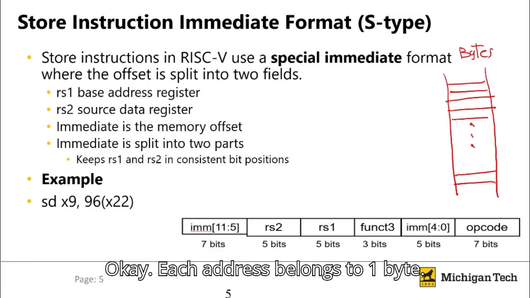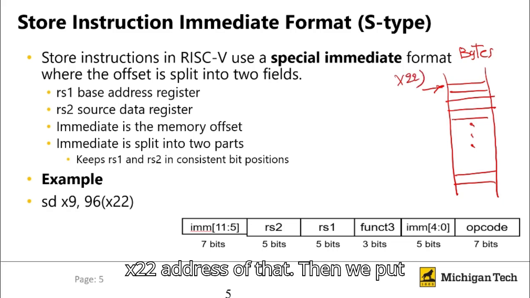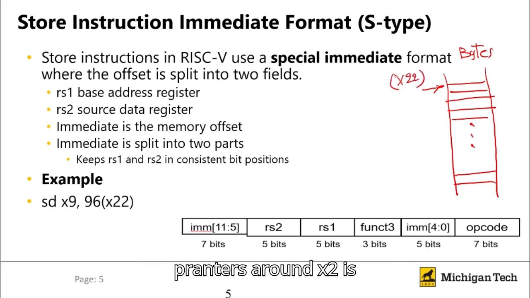Each address belongs to 1 byte. But the base is x2, the address of that. When we put parentheses around x2, it's like a pointer. This is the address. So that's a base, but 96 bytes after that.